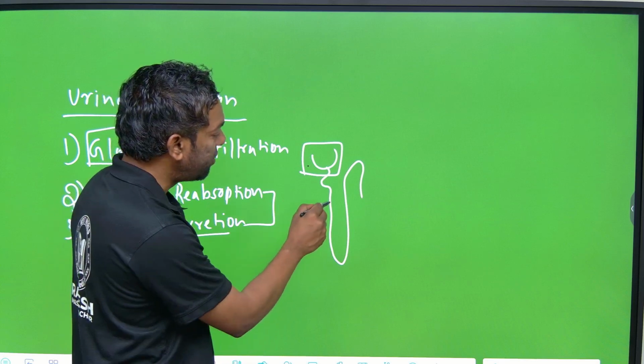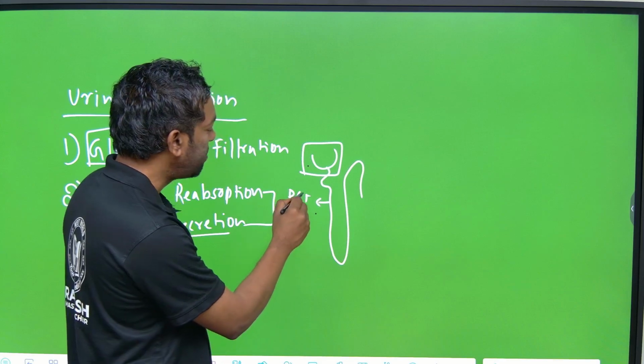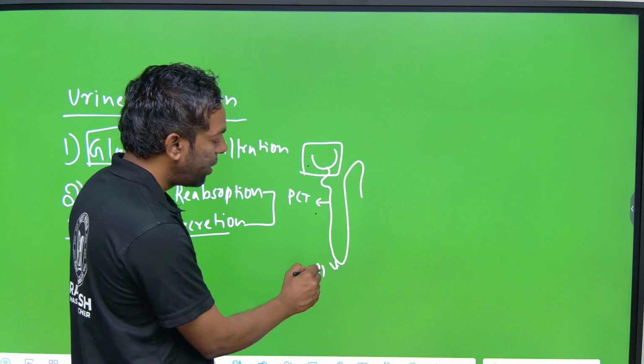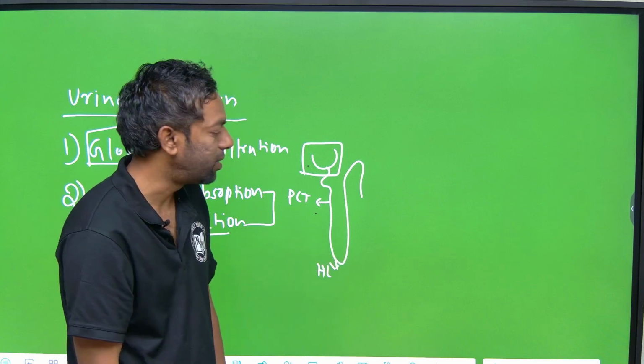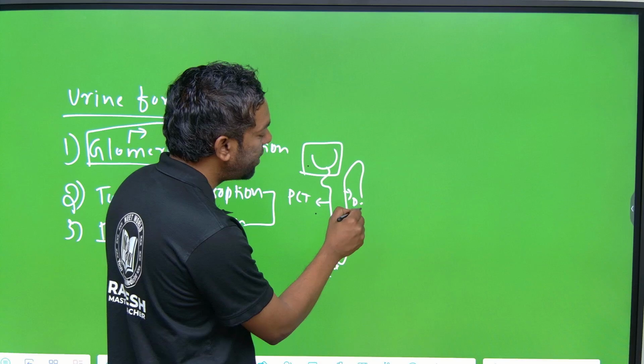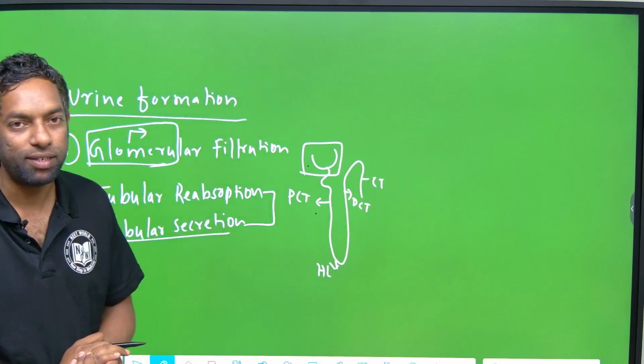What is the tubule? First is the PCT, the proximal convoluted tube. Next is the Henle loop, a hairpin-like structure. This part is the DCT, the distal convoluted tube, and this part is the collecting duct. These are the parts.